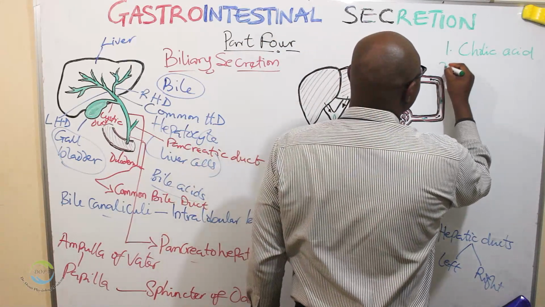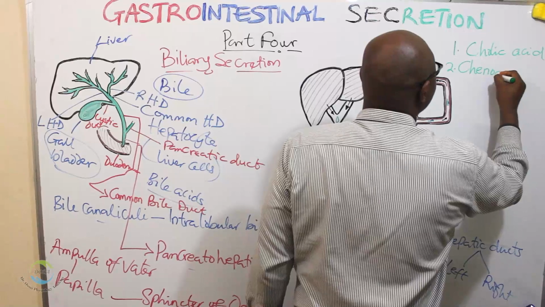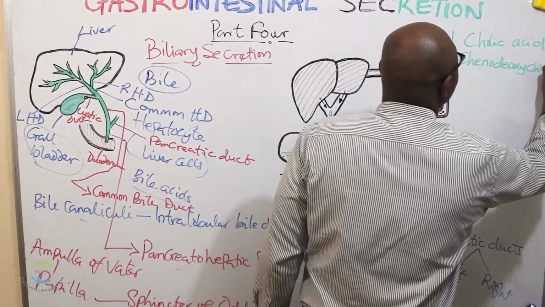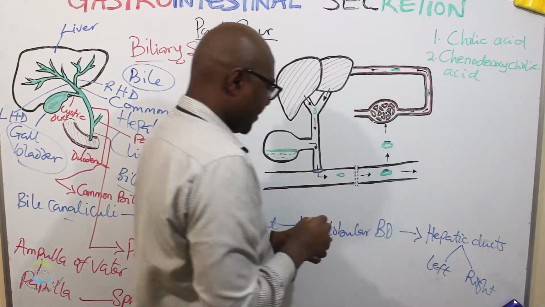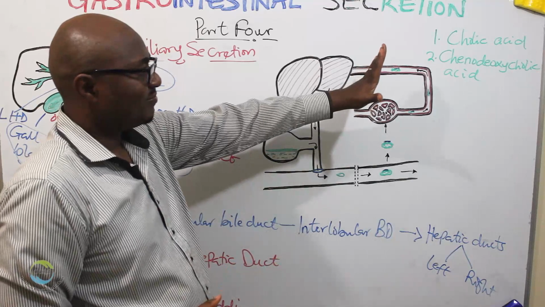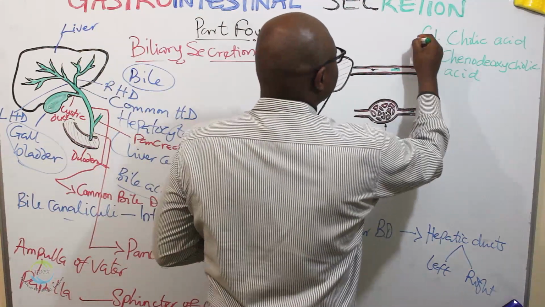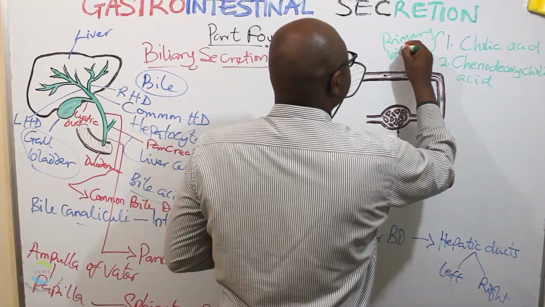Okay, number 2. This one has a funny name. Chenodeoxycholic acid. Okay, so they're called primary bile acids.